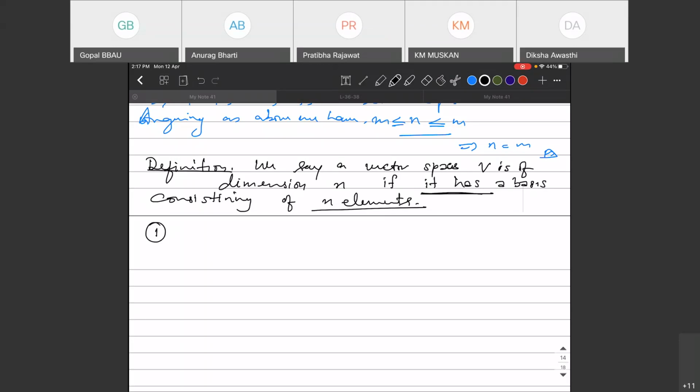Can anyone recall? What is the first and simplest one? The simplest example was this space. This is called the zero space, over say the field R.